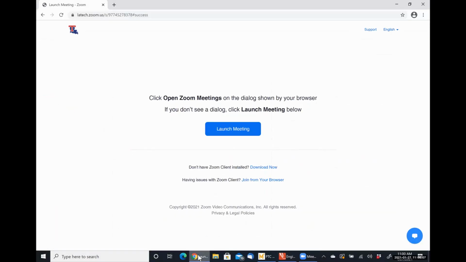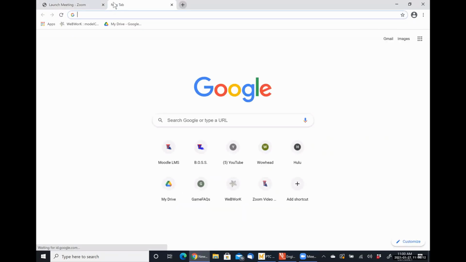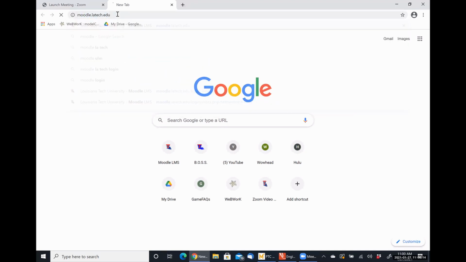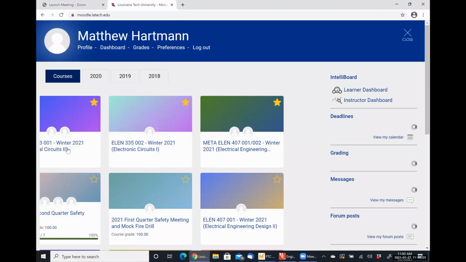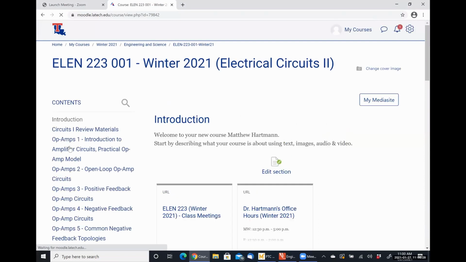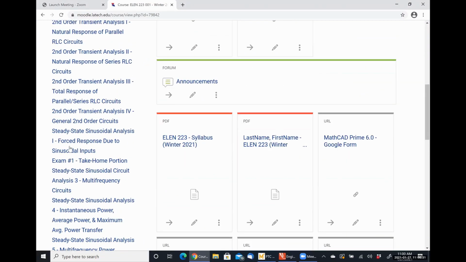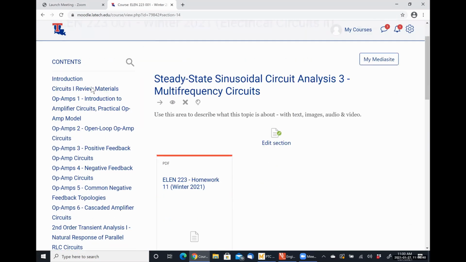Before we jump into today's lecture, I want to point something out on the Moodle page real quick. I've updated some sections and put homework assignments in them. Right now, if I am not mistaken, right here is homework 11.